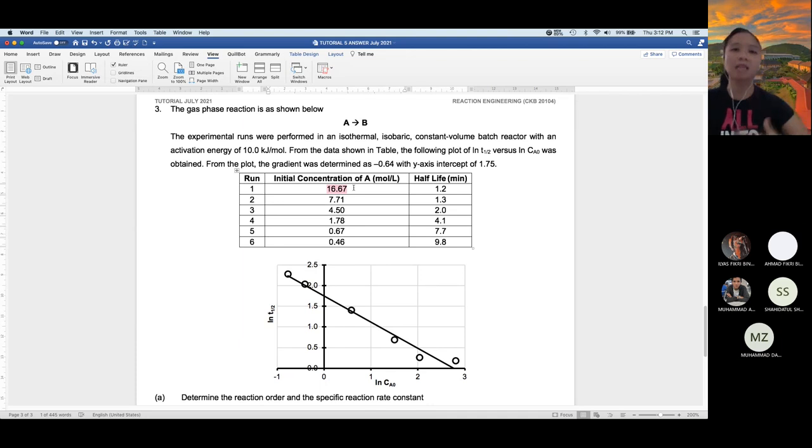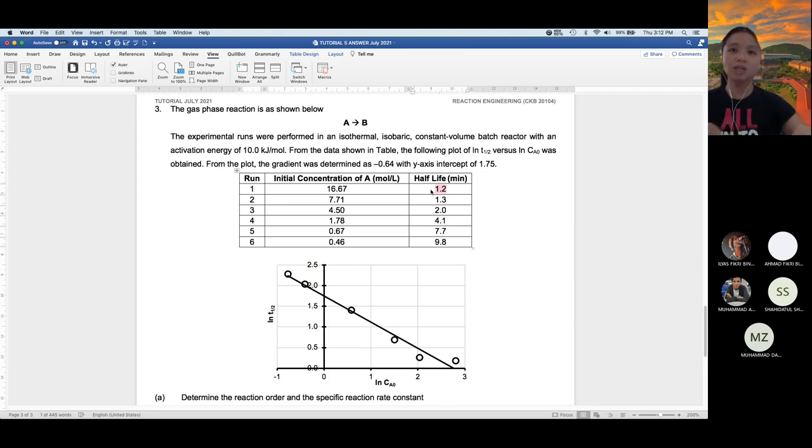Meaning, how long it takes from 16.67 becomes about 8 point something, half of it. So daripada eksperimen tu dia mengambil masa hanya 1.2 minit untuk kepekatan asal A menjadi separuh.